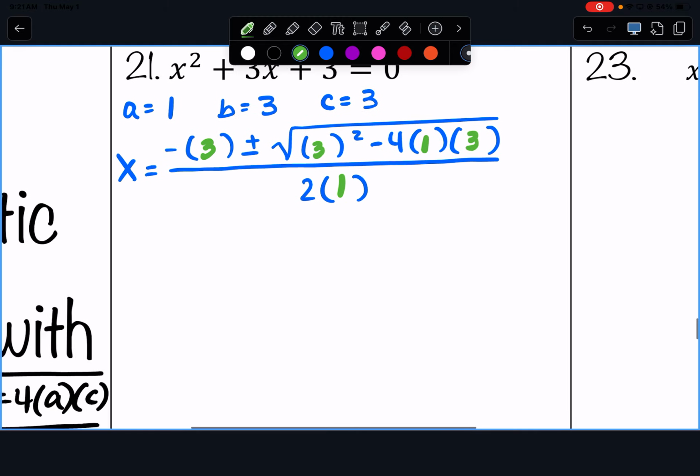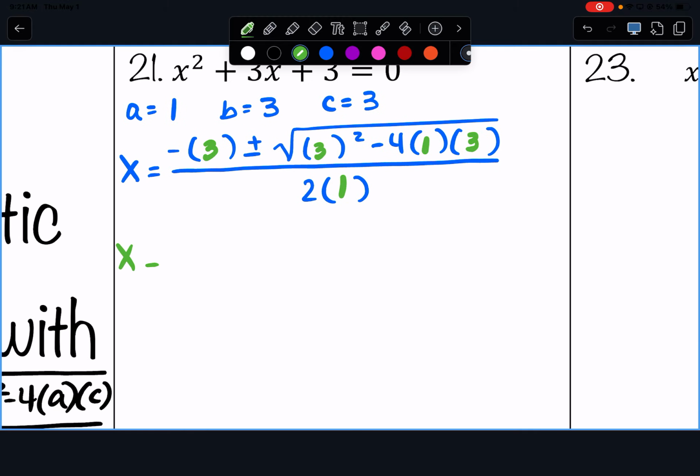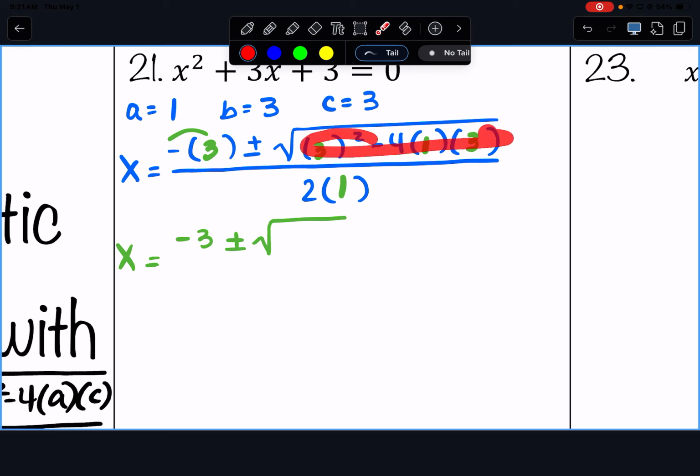So for the next part, x is equal to negative 3 plus or minus the square root of. On your calculator, the only part you need to type in all at once is this part. Do not put in the square root.